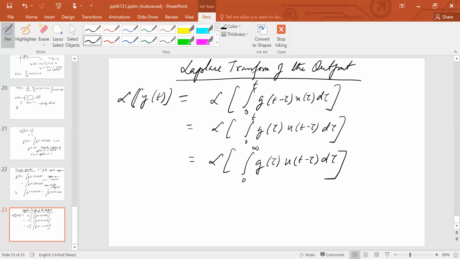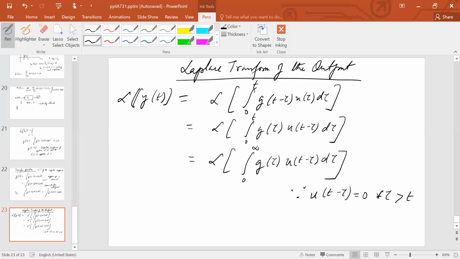So why am I going beyond this? Because I'm arguing that u of t minus tau is equal to 0 for all tau greater than t. Since u of t minus tau is going to be 0 for all tau greater than t, therefore I might as well extend this integration from 0 to infinity, and it will not matter.